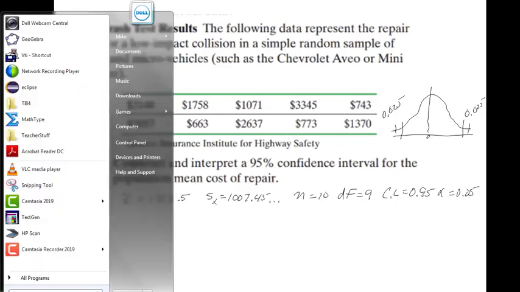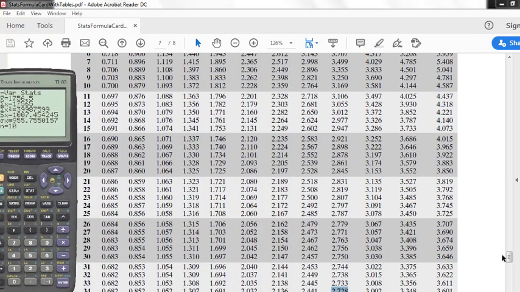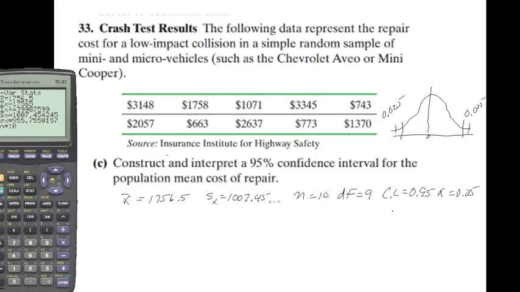So I'll go get the table and move this over. Scroll up a little bit. So I said 0.025, that's right here. 9 degrees of freedom gives me 2.262. So is that right? 2.262. All right, let's go back over here. So now I know that t alpha over 2 is 2.262.